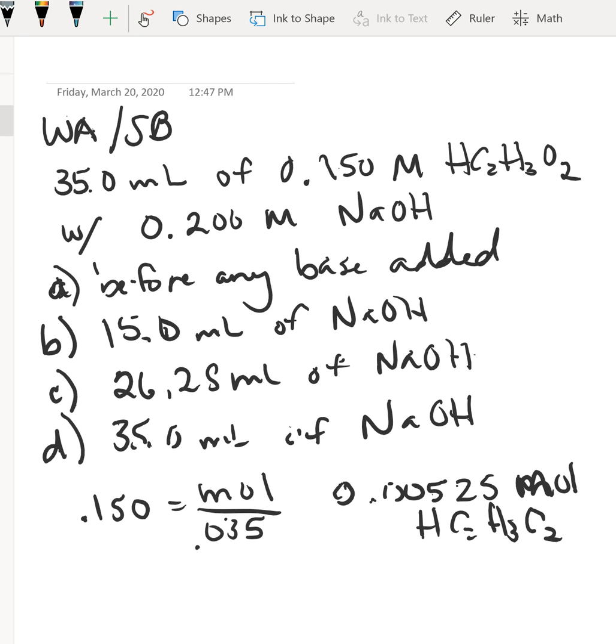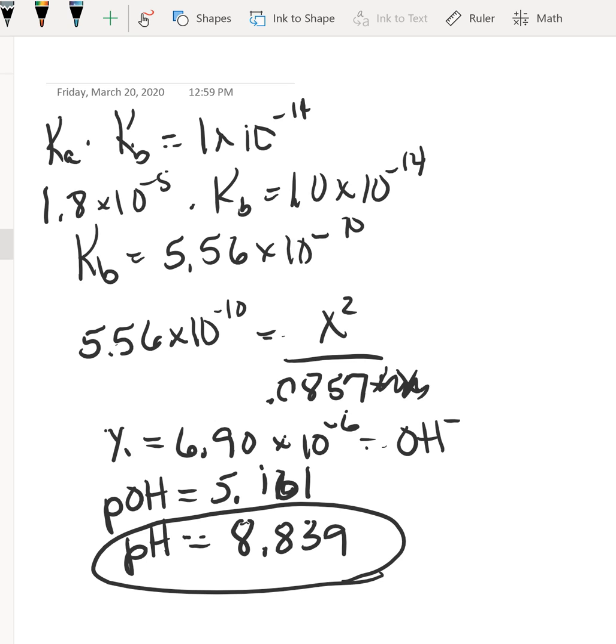Alright, so we've done, before anything was added, we've done 15 milliliters, 26.25. Now we'll go to 35 milliliters.